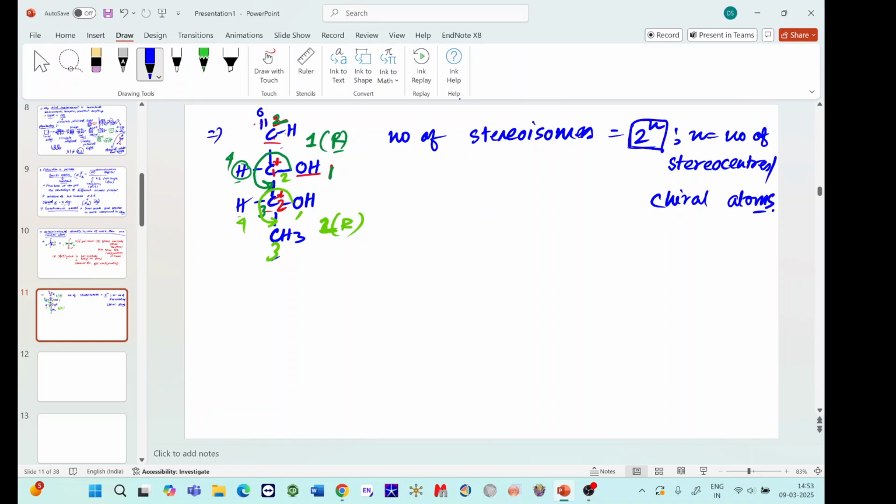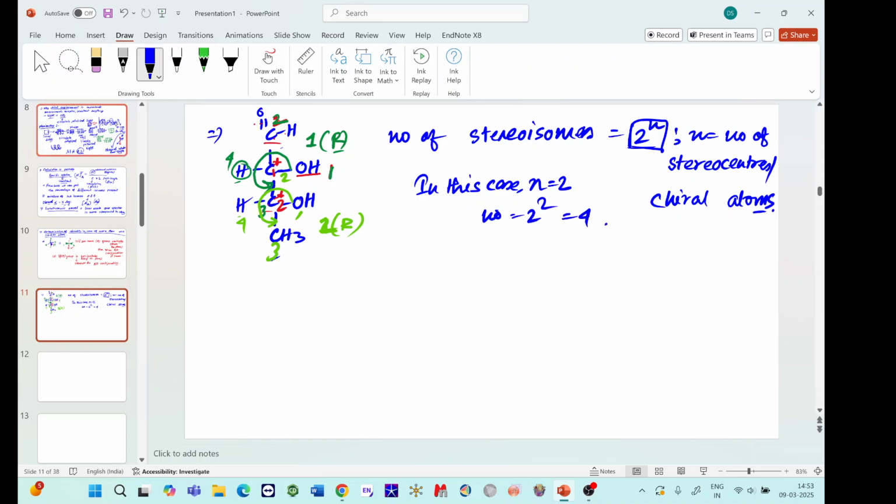This you remember. We know that here we have 2 carbon, so n equal to 2. Then number will be 2 to the power 2, that is 4.